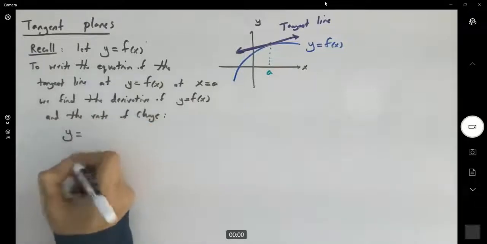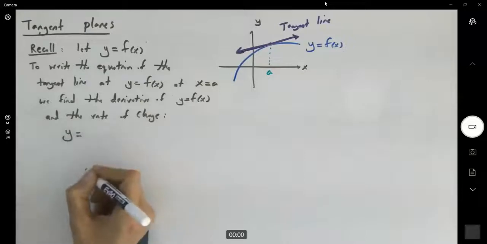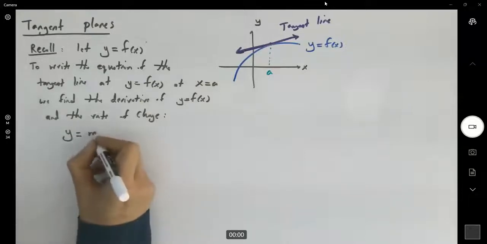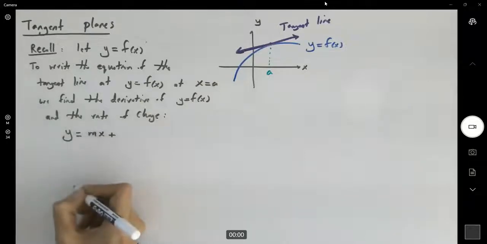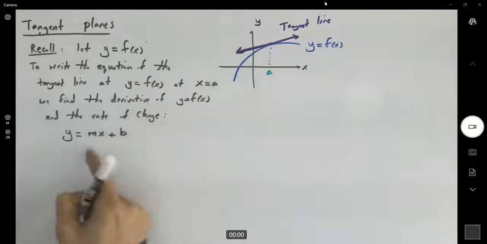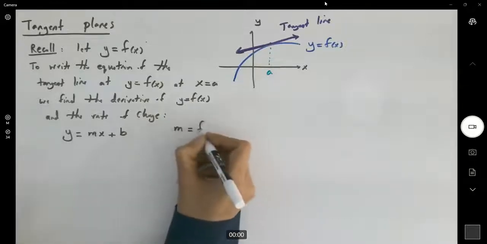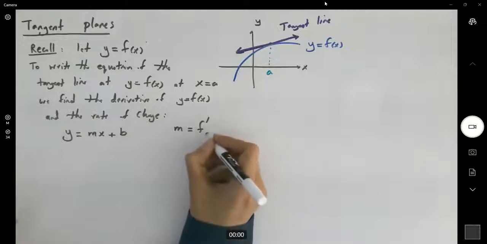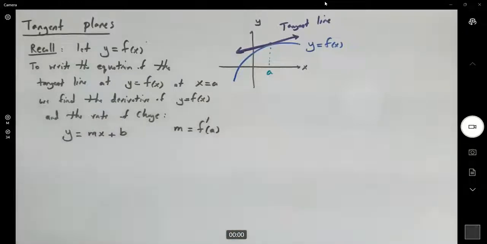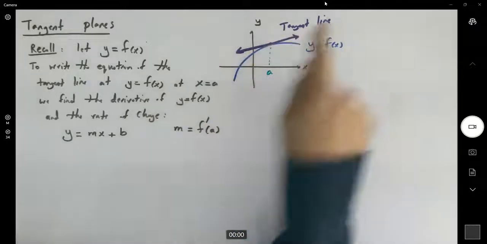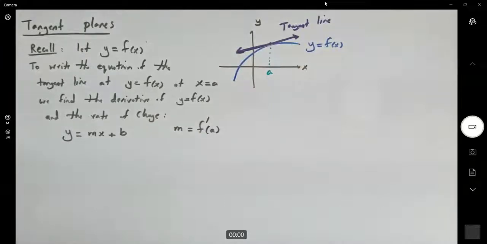Your y is equal to mx plus b. That m is the derivative of f at a. And now we find the equation of the tangent line to the function y equals f of x.